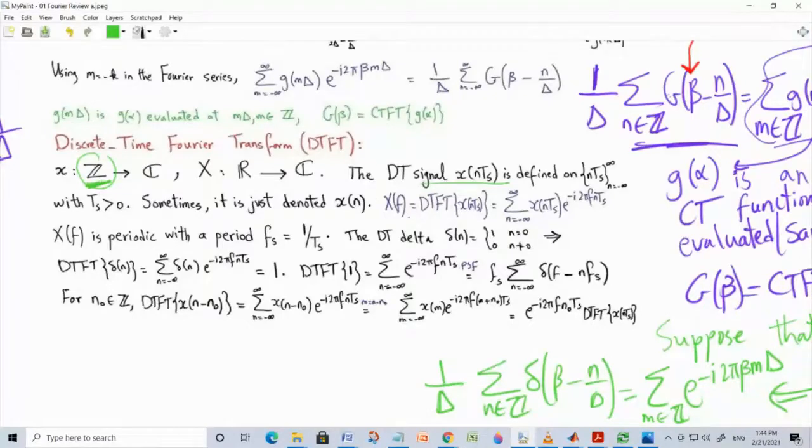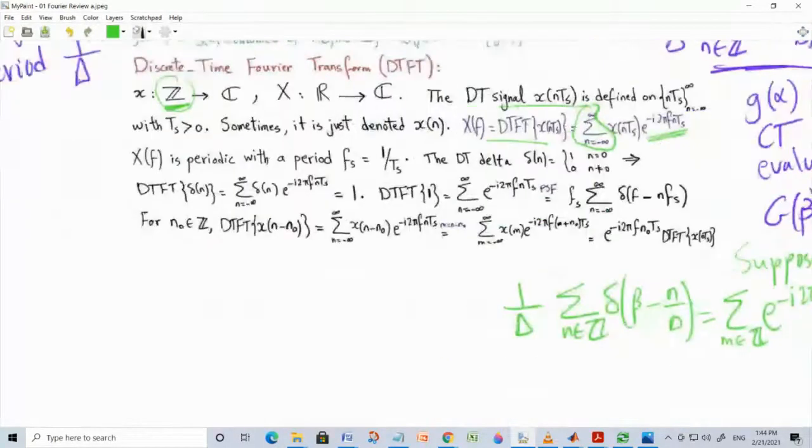The discrete time Fourier transform is defined like the continuous time Fourier transform, but it is adapted to a discrete signal, and so rather than an integration, it has a summation. And in the e to the minus i 2 pi f, rather than having f t, it becomes n Ts.